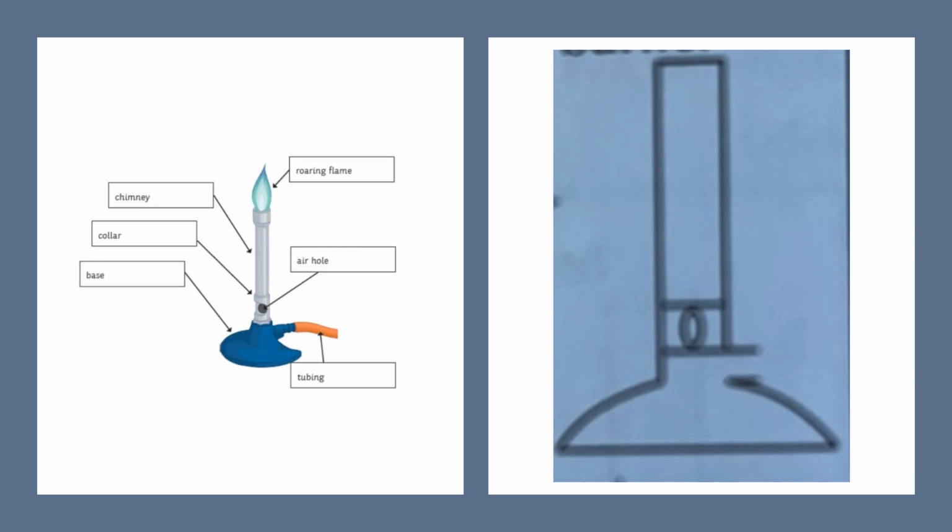You can rotate this collar and adjust the size of the air hole. Why do we need this? By adjusting this air hole, we adjust the amount of oxygen taken from the air. It passes through the chimney, and the flame is here.